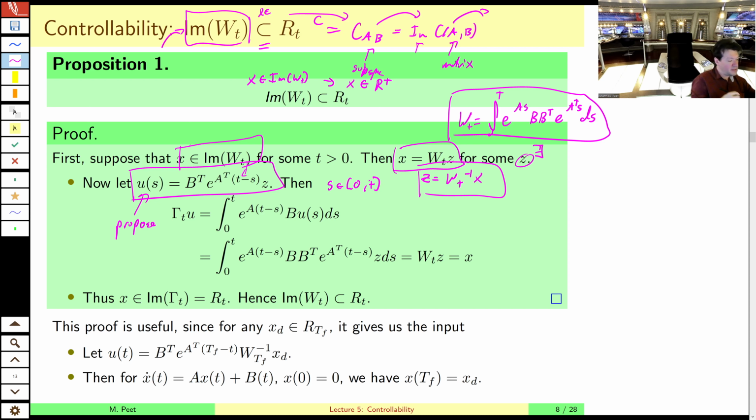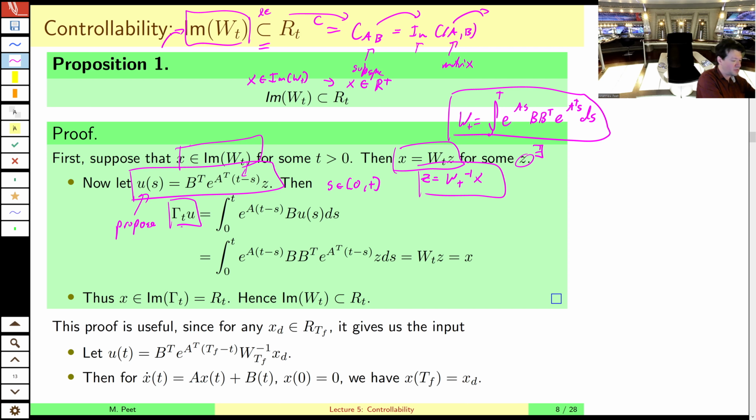And then the only thing we need to show is that it arrives at our desired state in the required amount of time. So let's just look at the output from that signal.